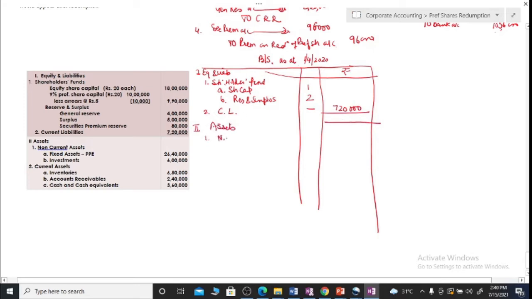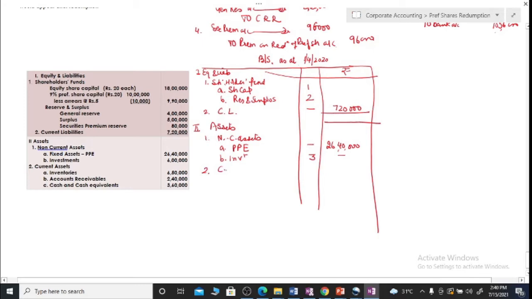Assets includes non-current assets, which includes plant, property and equipment and investments. Okay, regarding plant, property and equipment, since there was no change, we will keep it as it is. Investments have been sold out, so you can either leave this or you may give a note. Okay, you may explain it also that there is no balance left.